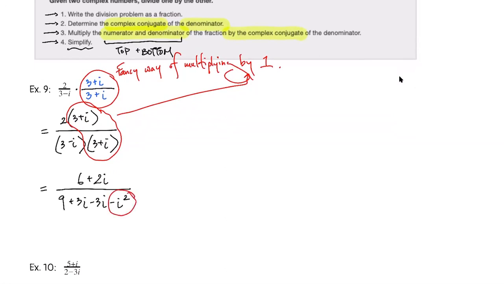Negative i squared is the same as plus 1. So 9 plus 1 gives me 10.